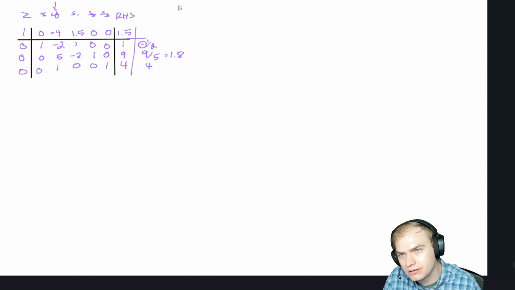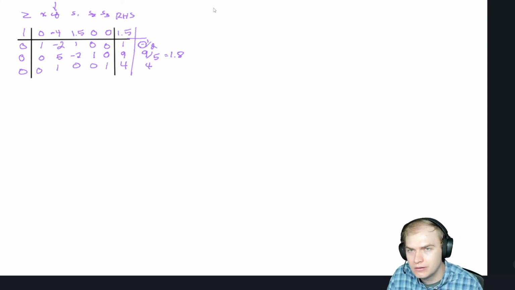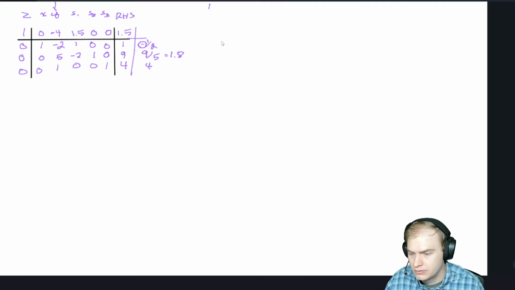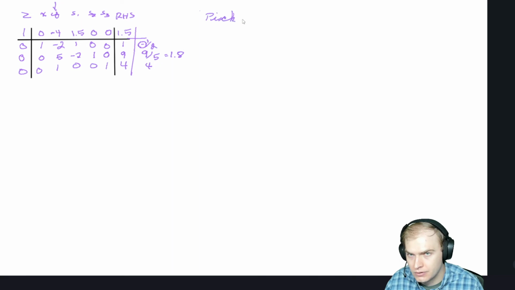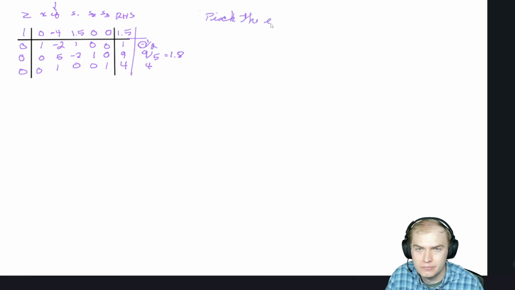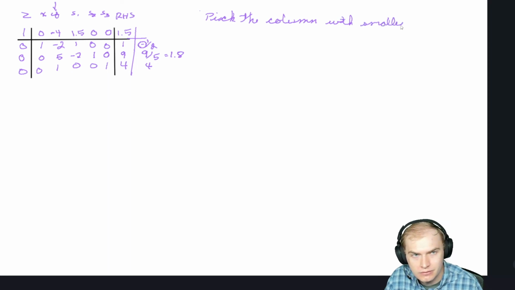So we pick the column with the smallest negative objective function, or C value.